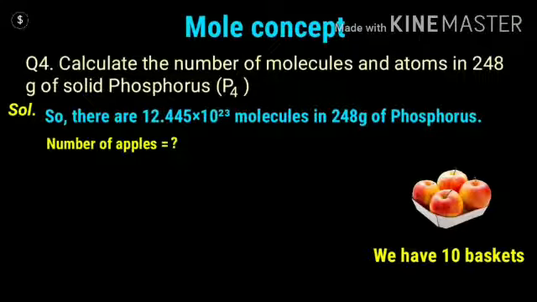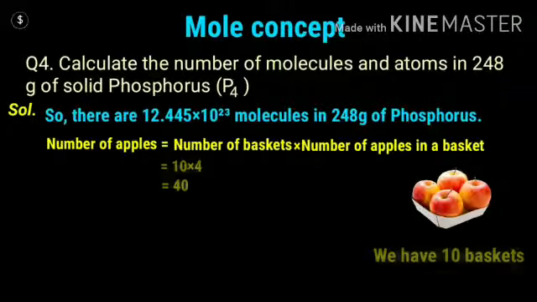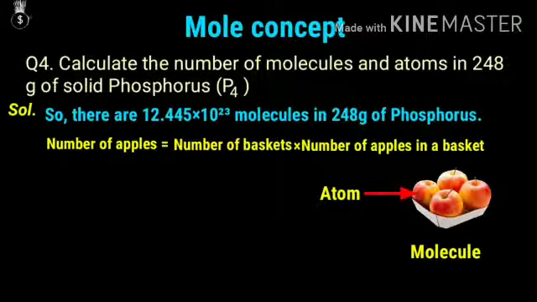So the number of atoms equals 12.445 into 10 raised to the power 23 multiplied by 4. When we multiply, it gives 49.780 into 10 raised to the power 23 atoms. So the answer is: number of atoms equals 49.780 into 10 raised to the power 23 atoms.